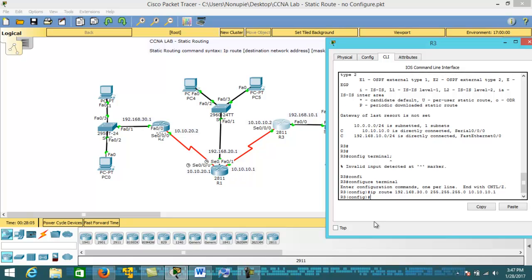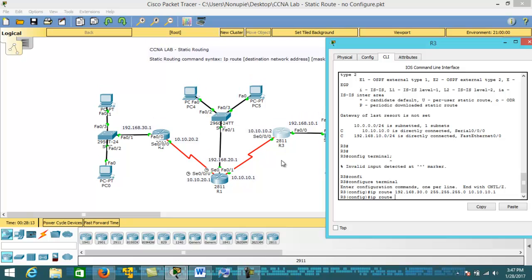So for this router to reach this network, one ip route 192.168.20.0, that is this network, subnet mask 255.255.255.0. What will be the next hop?